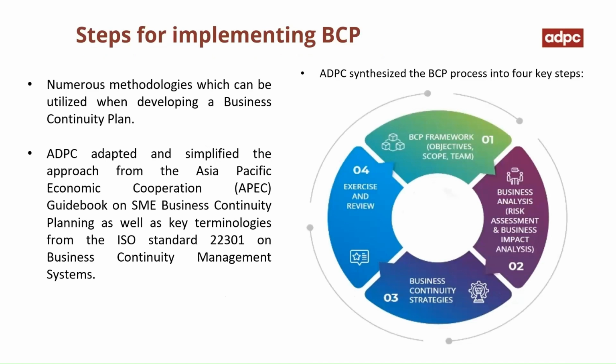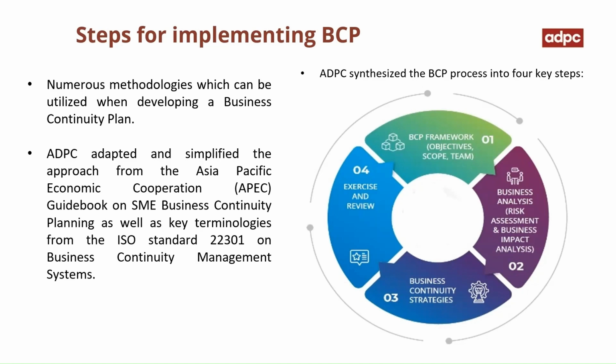Steps for implementing BCP. There are numerous methodologies which can be utilized when developing a business continuity plan. ADPC has synthesized the BCP process into 4 key steps. Step 1 is determining the BCP framework, including the objectives, scope, and team.